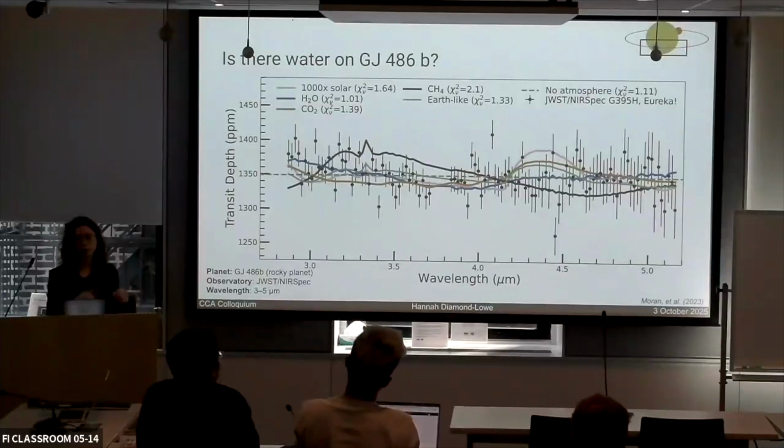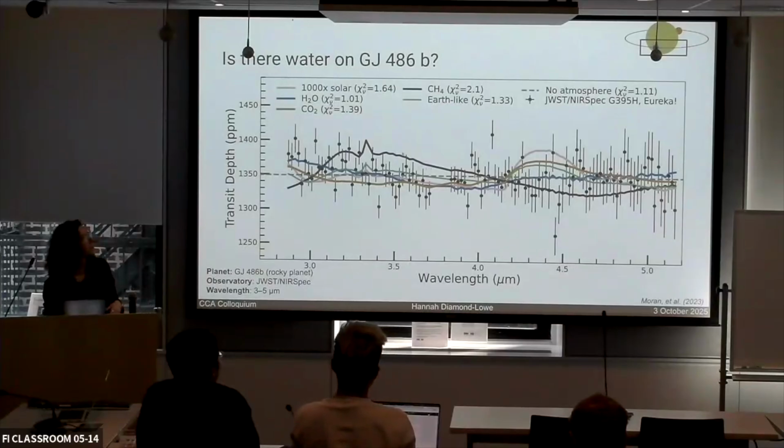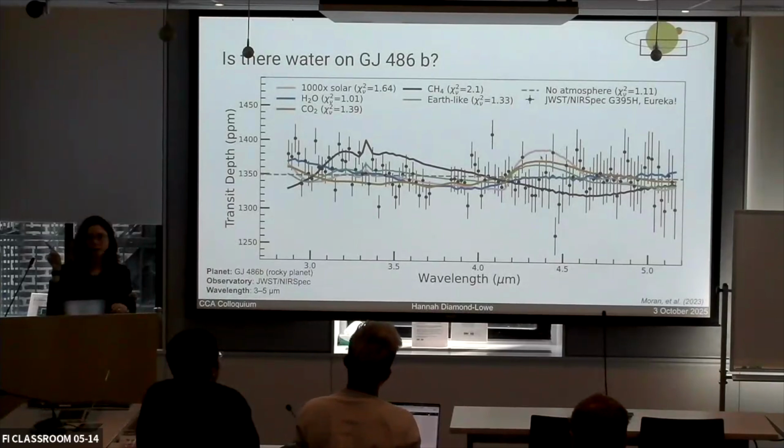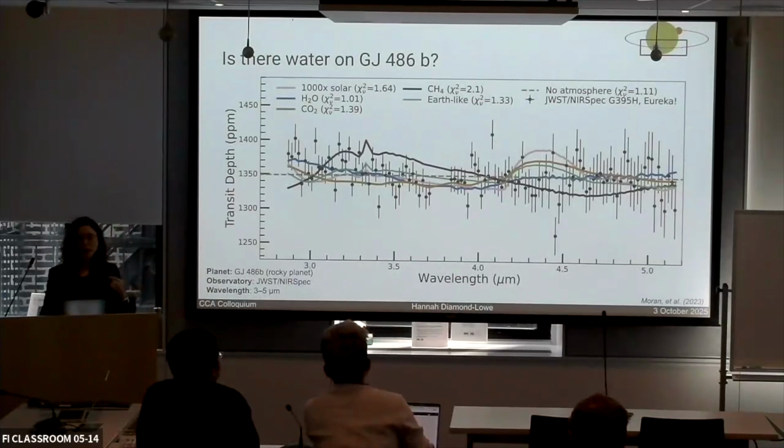You can try looking for some methane. Can you see this? Yeah. So this curve here doesn't really fit too well. And this bump from carbon dioxide, not really either. But if you squint, that blue line looks pretty tantalizing, right? It kind of fits those data points. I mean, a flat line does too, but let's try.